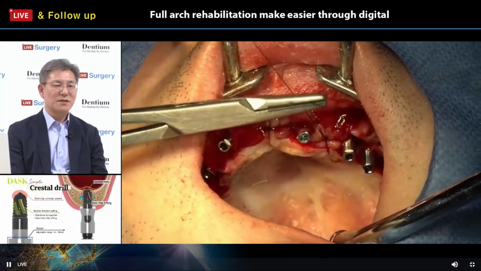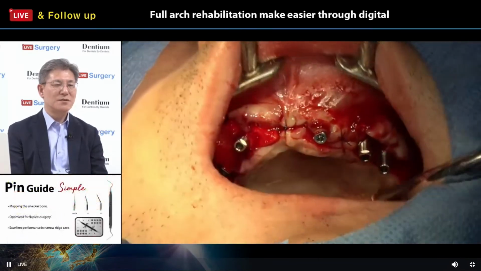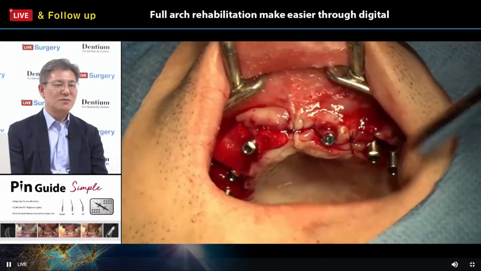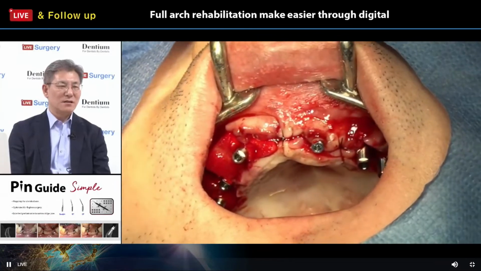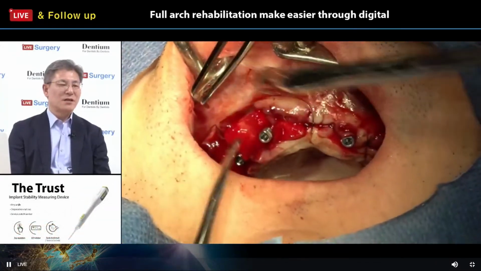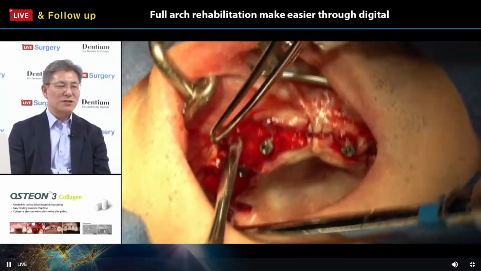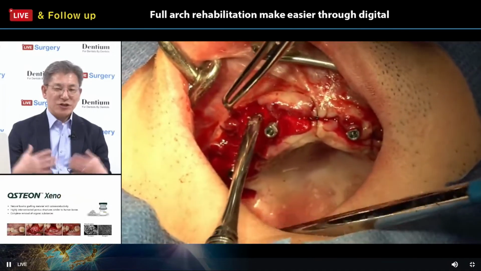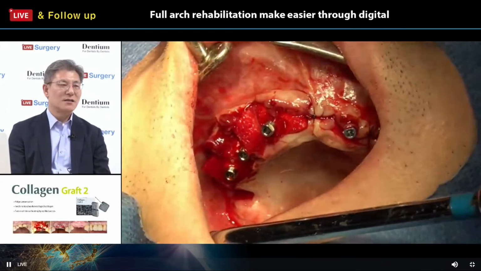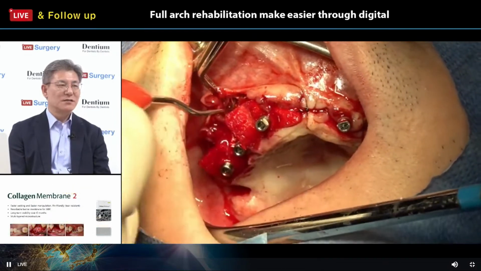A perfect installation with position and depth, and perfect tissue management in an easier manner. Yeah, I think even though it is a big surgery, the procedures are extremely simplified and minimized, and the result is maximized.